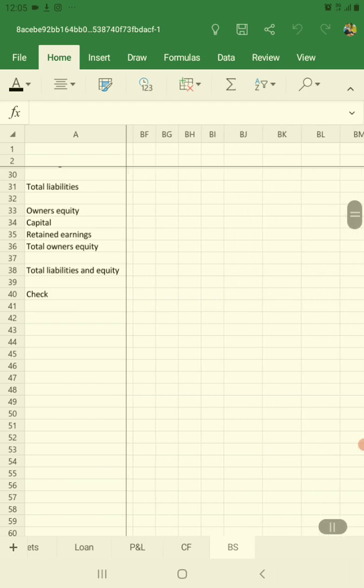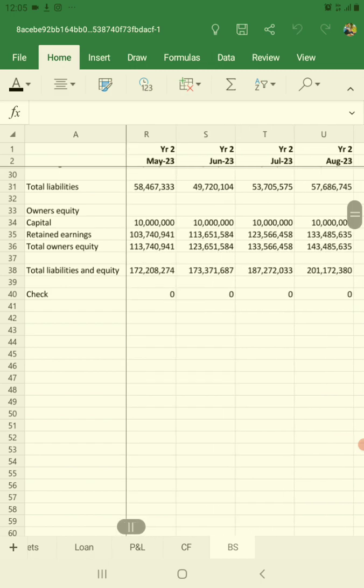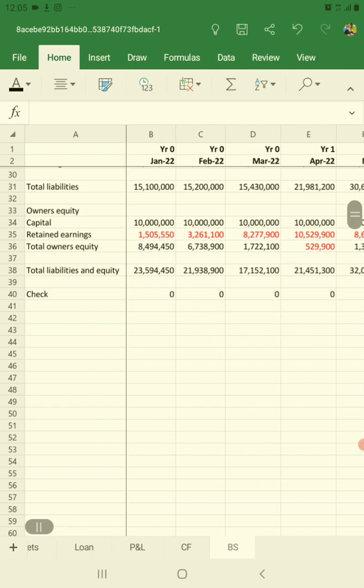So now we are done with our projected financials on a monthly basis, and as you can see, it's easier to do this financial modeling on a monthly basis, however many years you have, because you simply establish a model in one area and then you simply drag the formula to the rest of the months.